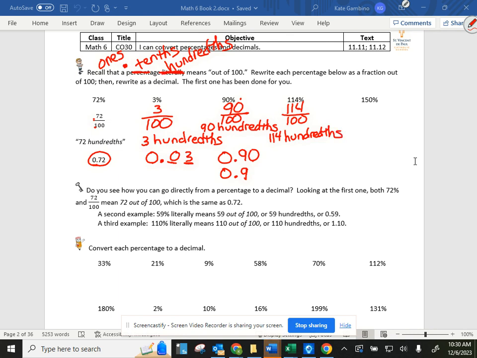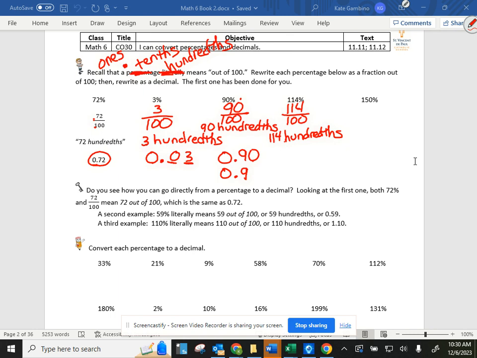I know that there's only 2 decimal places, but I see 3 numbers. How do I do that if I only want 2 decimal places, but I have 3 numbers? What do you think I should do, Madison? 114 thousands. I can't change it to thousands. It has to stay hundredths. Hundredths is our magic number.